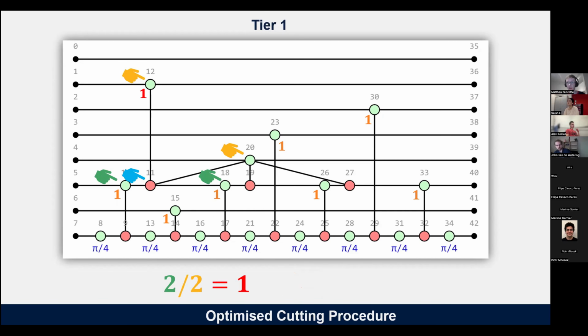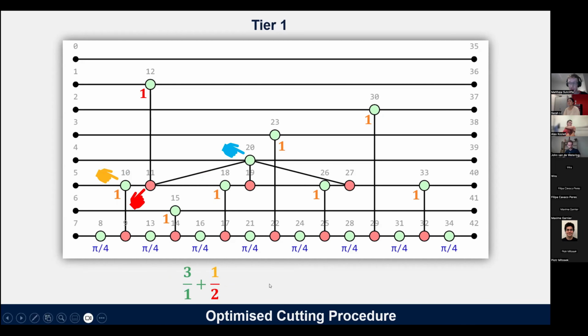And this gives us a weight of 1 for this vertex. And then likewise, if we look at vertex 20, we can see if we were to cut this vertex, there would be a total weight of 3 that would be able to fuse together. So 3 divided by 1. And then there's this one over here, which would be able to fuse with the rest. So it has a weight of 1, but it would only be able to fuse with the rest if we were to be cutting 2 parent nodes.